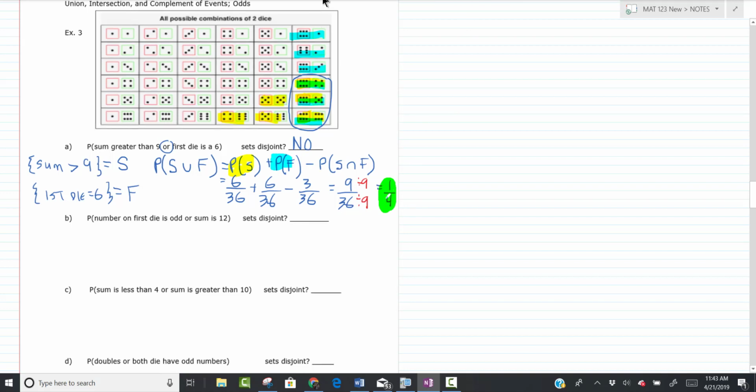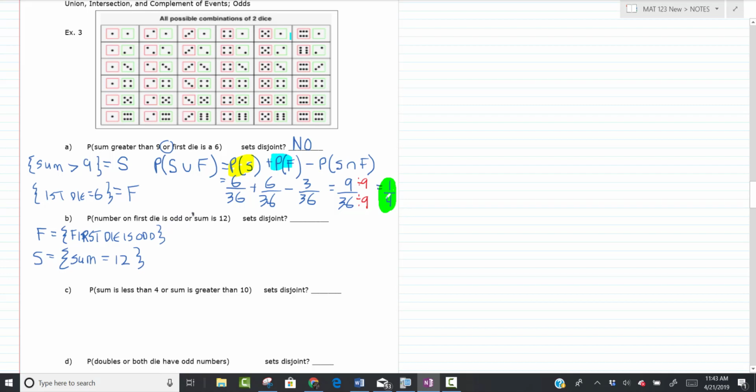I'm going to erase this because I think it's real helpful to see my thought process and just use highlighters. So the next thing is the number on the first die is odd or the sum is 12. So I'm going to identify sets. Let's say F indicates first die odd, and then we'll use S for the second one, representing that the sum of the 2 dice is 12.